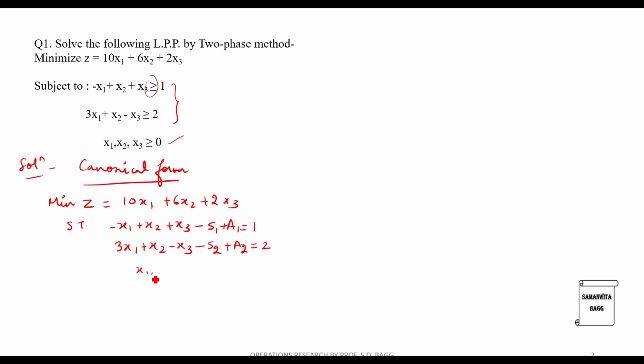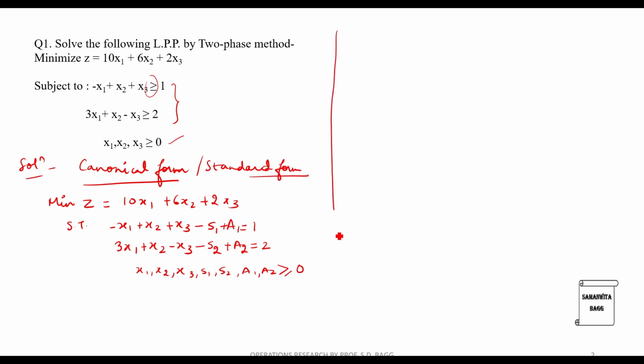Next I'll write down that x1, x2, x3, s1, s2, a1 and a2 are all greater than or equal to 0. So this is called writing the canonical or the standard form of the problem.